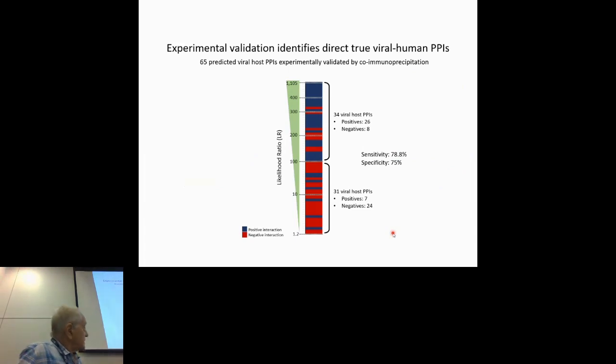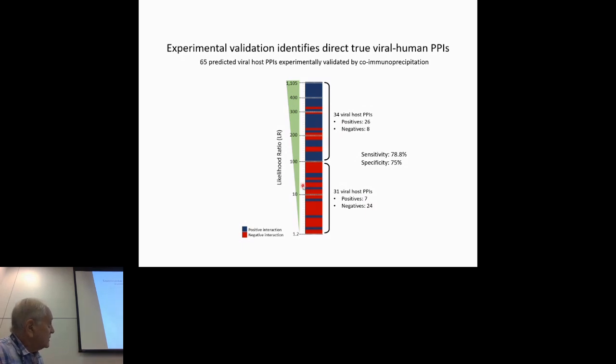One thing we did was he actually measured, tested some of our predictions with co-IP, which isn't the best way to measure, but you can see that high likelihood ratios means a positive result, blue, and low likelihood ratios means that there were some bad predictions.